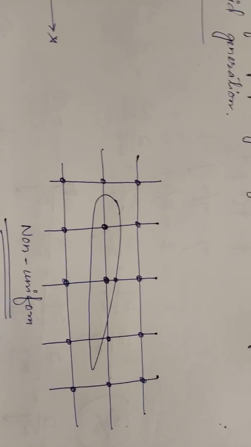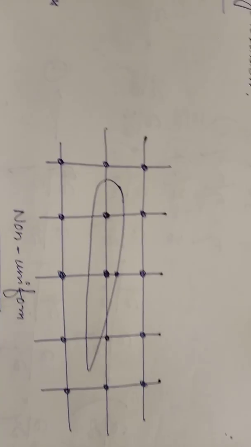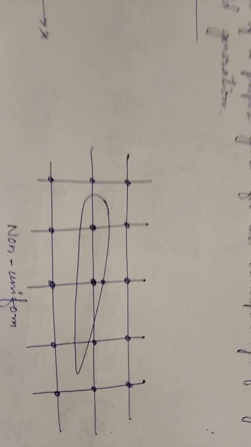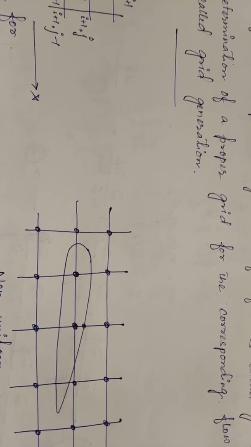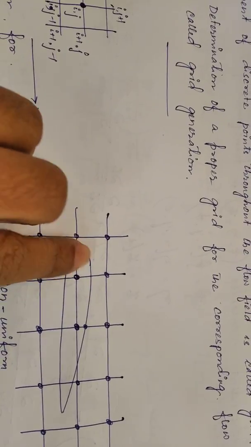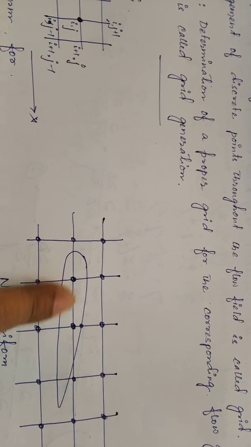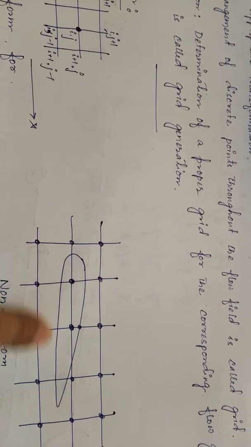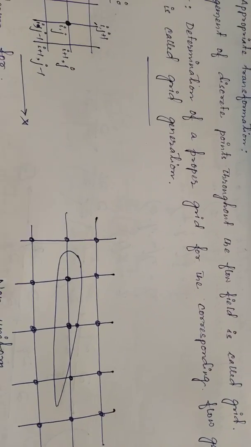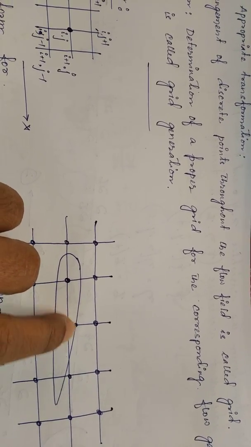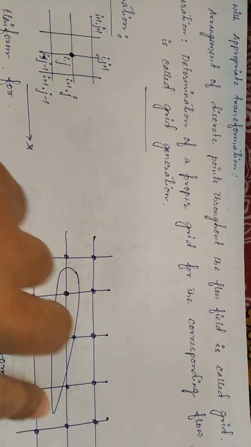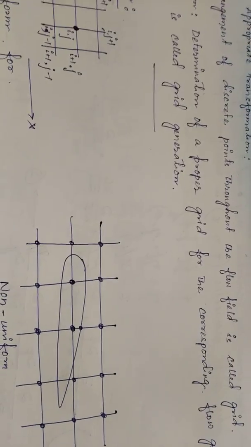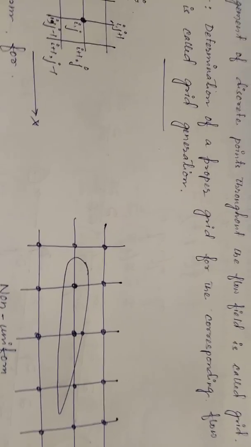But imagine this is the wing of an aeroplane and you define the grid like this. Some of the points lie inside the wing, where there is no air, since airflow surrounds this portion. Hardly any point lies on the surface of the wing boundary.